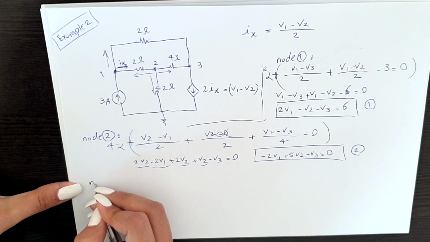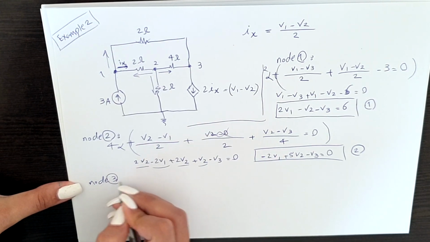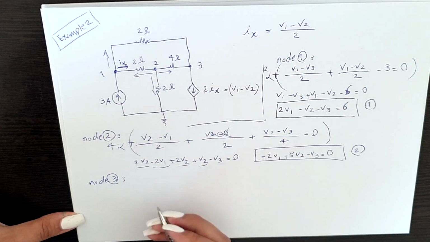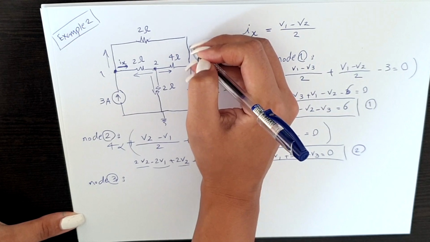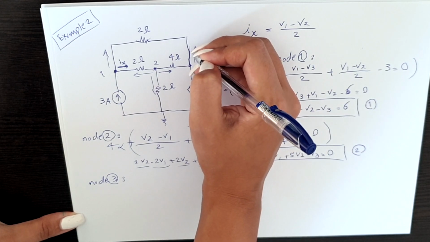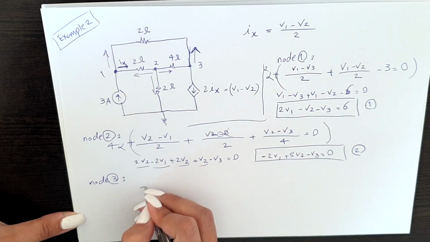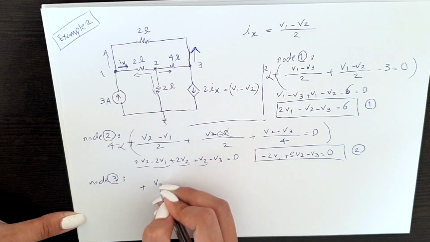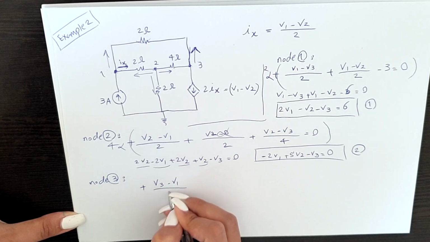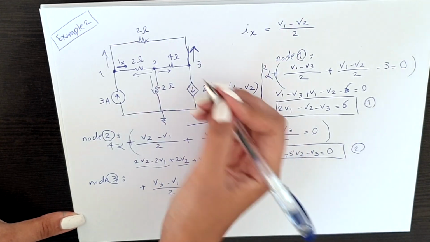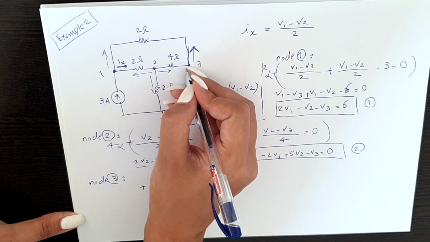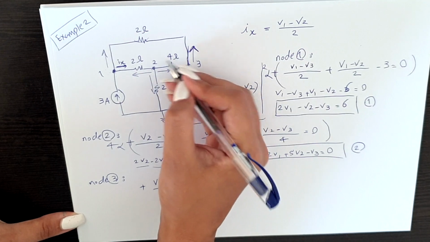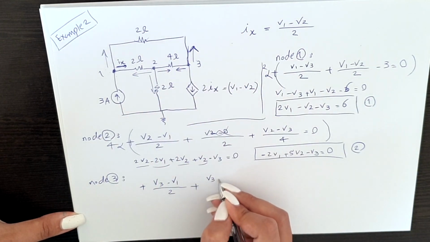Our third, node number 3. What do we have? Again, we have 3 branches in here. For this one, we don't know the current. We're just going to say the current is in this direction, so we put a plus in here, and because it's this direction, V3 minus V1 over 2, plus. Here, again, we put the direction coming out of the node, so we put a plus in here, and V3 minus V2 over 4.